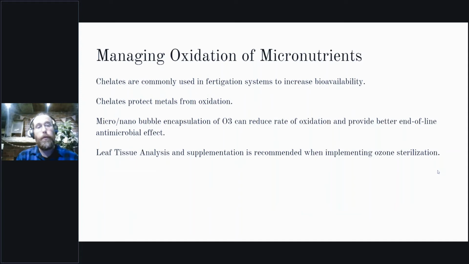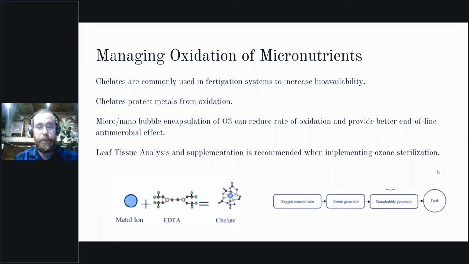So when we're trying to manage the oxidation of micronutrients, many fertigation operators are already using chelates to help increase the stability and bioavailability of micronutrients. And so many water-soluble fertilizers already are complexed with things like EDTA, and so these molecules can lower the rate of reaction.